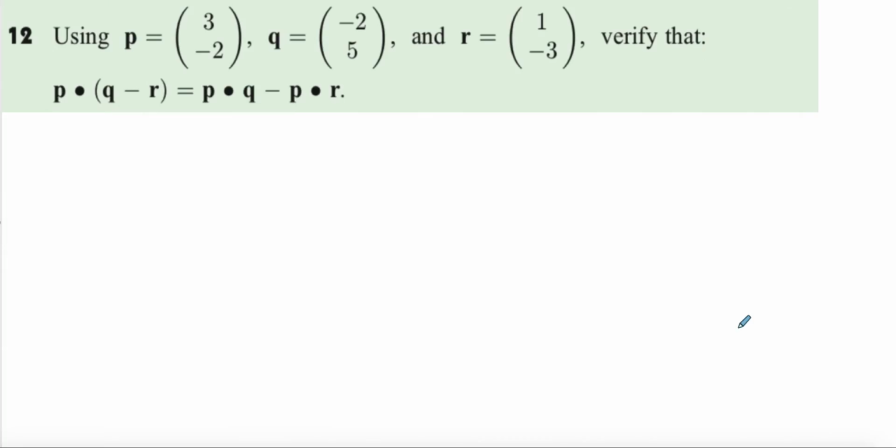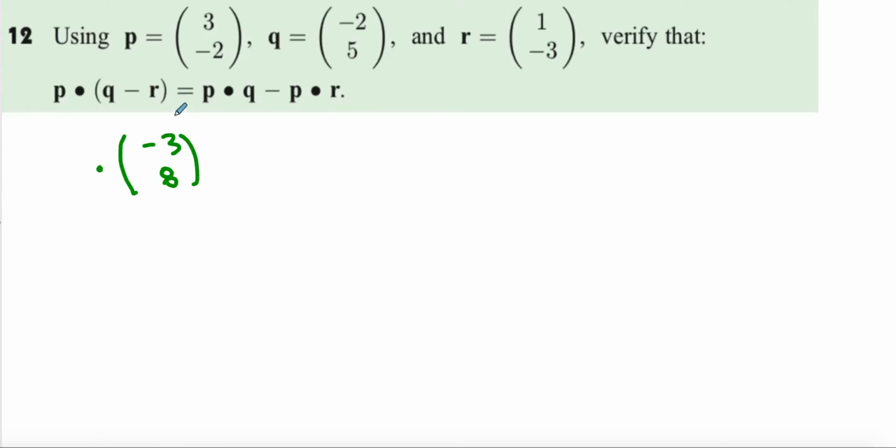Let's look at number 12. And then we have P, Q, and R. And they want us to verify that this is true. All we have to do is actually calculate the left section and then calculate the right section and then say that they're equal to each other. So what is, first of all, Q minus R? Q minus R here is -2 minus 1 becomes -3. 5 minus -3 becomes 8.